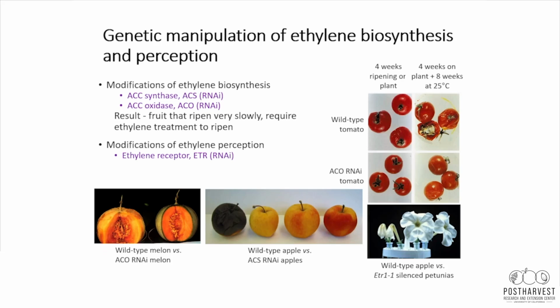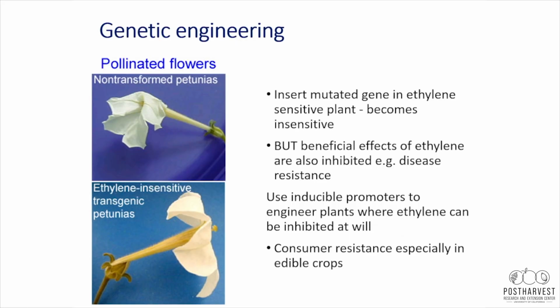And other examples of fruits, vegetables, and flowers. However, there's a lot of resistance from consumers for edible crops. So how genetic engineering works is you insert a mutated gene in plants, and then they become ethylene insensitive.